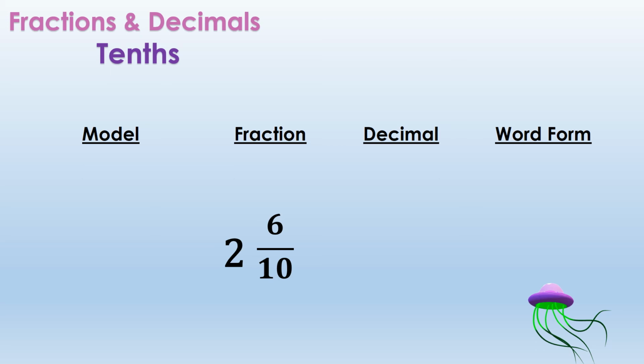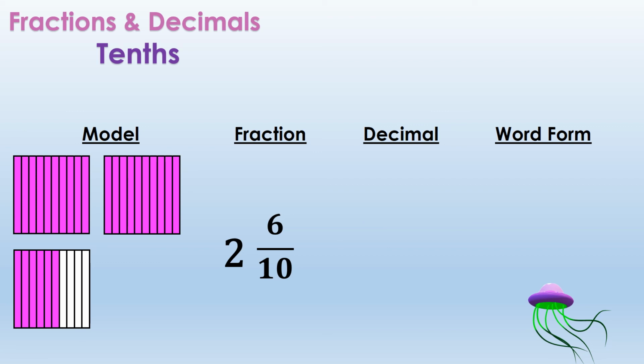Okay, so my fraction, if I read this out loud, is 2 and 6/10. Or I have 2 wholes and 6/10 because I see a mixed number, I have a whole number and a fraction. If I drew this out as a model, I'm going to have 2 wholes shaded. You see it there. 2 wholes completely shaded. That took care of that 2 as my whole number.